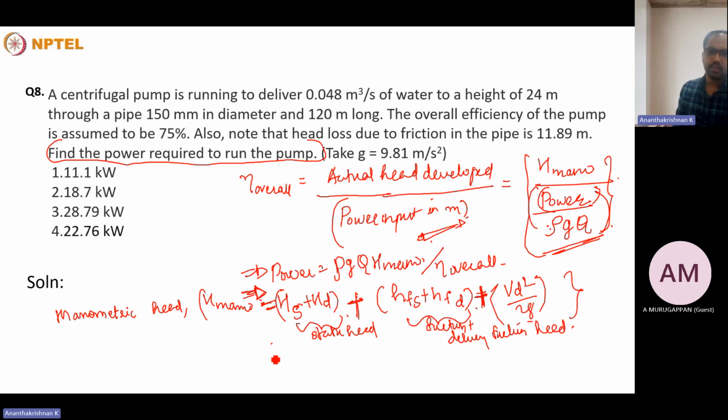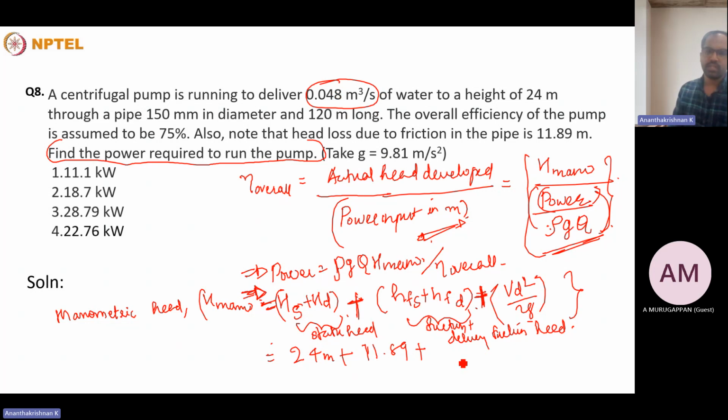The static head is 24 meters, given in this problem. The head loss due to friction in the pipe is 11.89 meters. Then the dynamic head V squared divided by 2g can be derived from the discharge delivered by the pump.